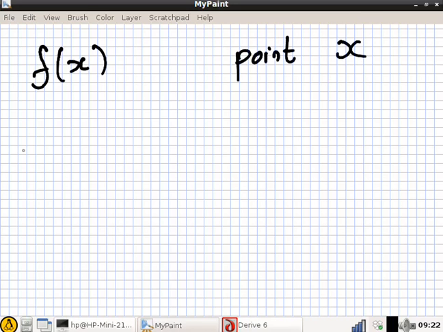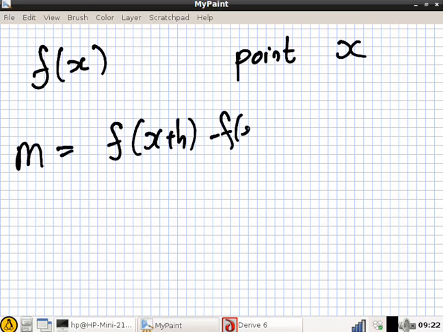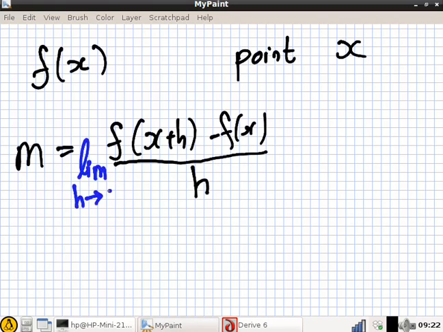The formula for the slope of the tangent would be f(x plus h) minus f(x) all over h. But then what you have to do is at the last step consider what happens when h goes to 0. In other words, calculate the limit.